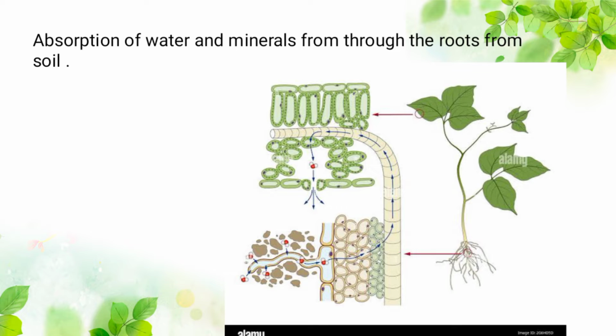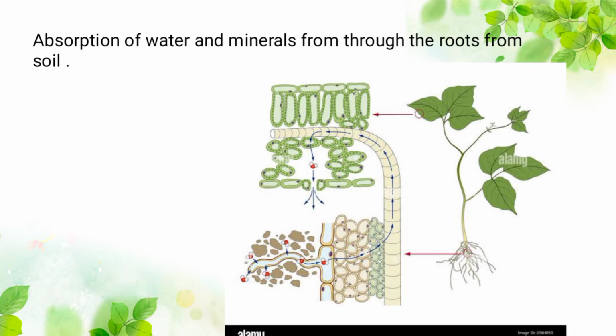There are some vessels in the plants that pull the water and take it to the leaves. You can see here a blue arrow mark, and the red dots are nothing but the water and the minerals.